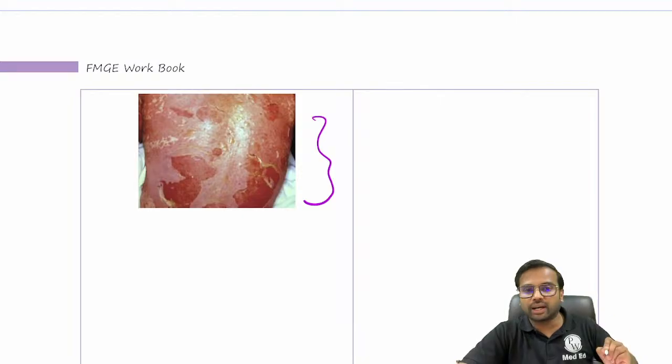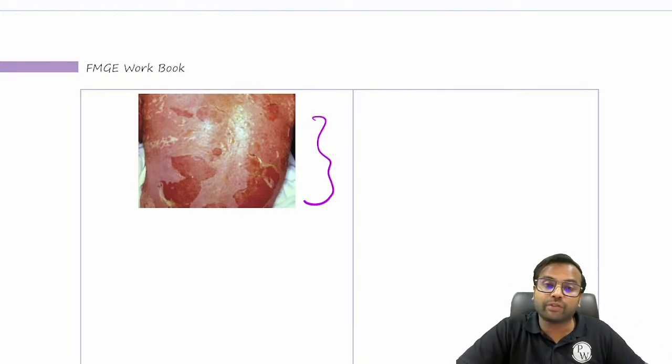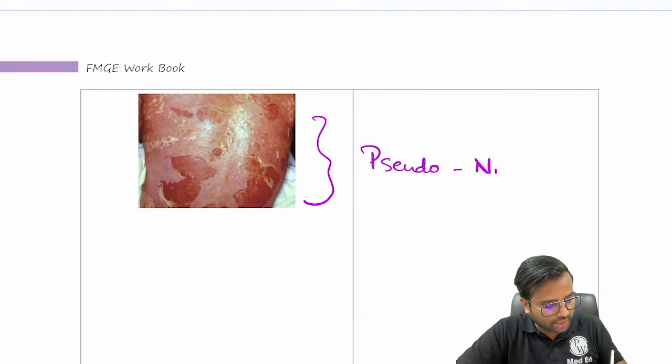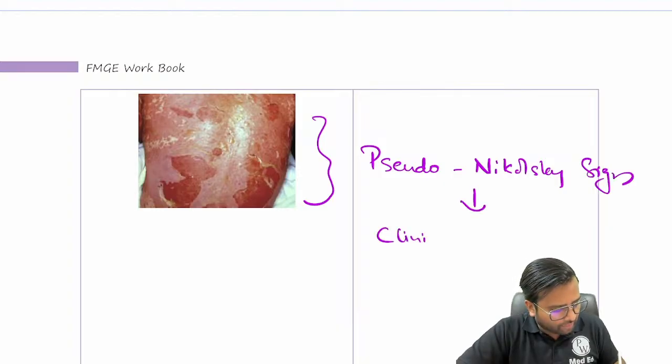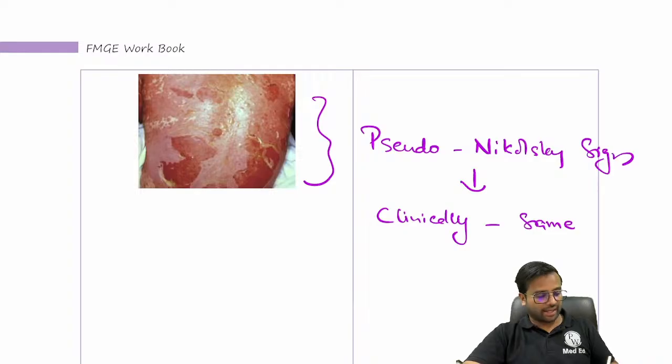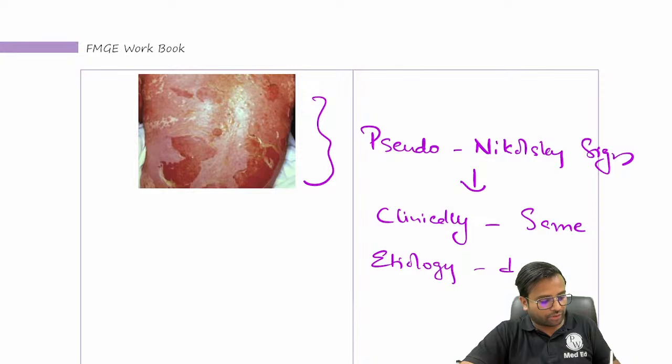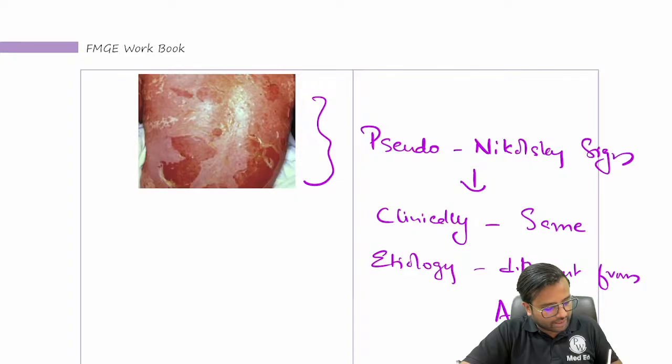Earlier when we spoke about pemphigus, we spoke about Nikolsky sign. Here we call it as pseudo Nikolsky sign. Why? Because clinically the sign is the same. So clinically it is going to be the same sign, just like what we saw in pemphigus vulgaris and pemphigus foliaceus and all. But here what is different is the etiology is different from acantholysis.